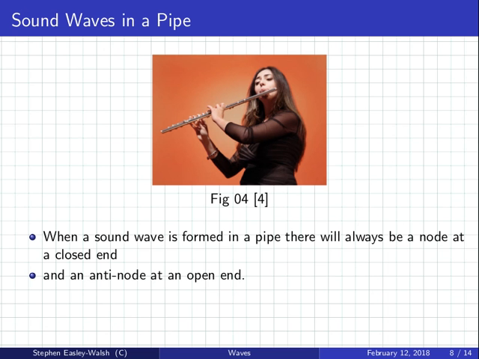When you have a sound wave inside a pipe, which is usually for an instrument, antinode is at an open end.